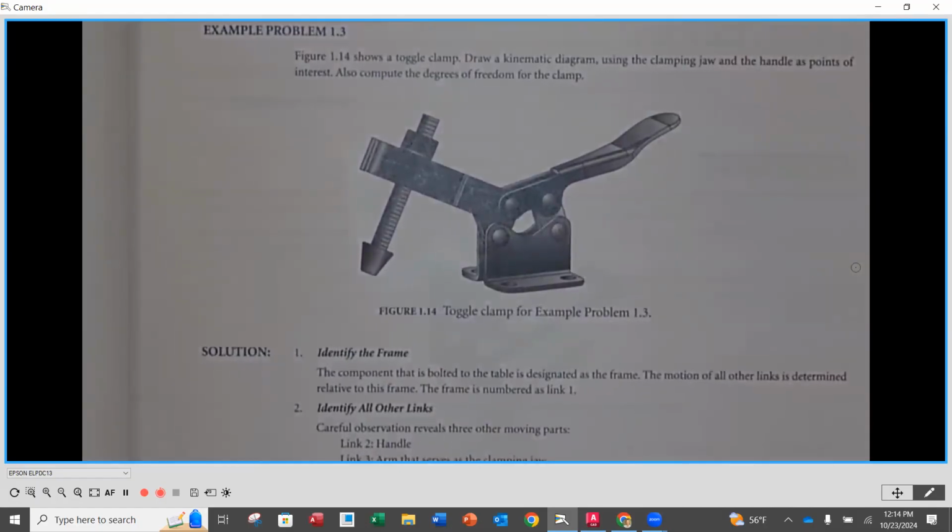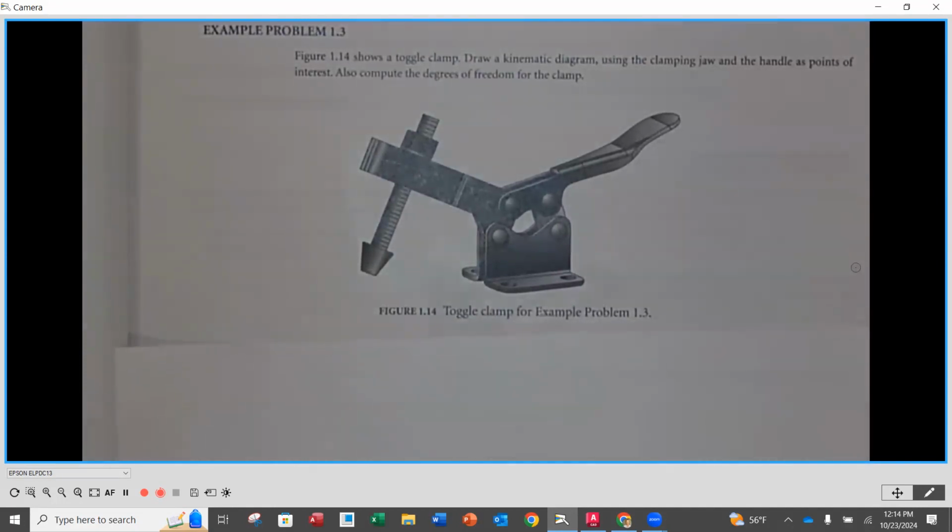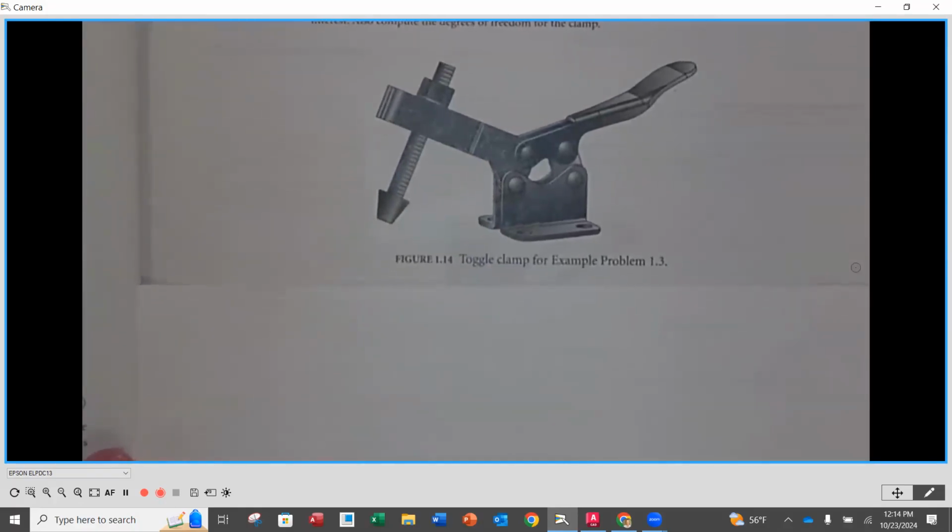Now, what I want you to do before we cross over and look at AutoCAD, which we will put this on AutoCAD, I want you to have another example of how to do that. But I want you to sketch what you believe the kinematic diagram could look like for this mechanism. So take a moment, grab a piece of paper out and sketch the kinematic diagram for this toggle clamp.